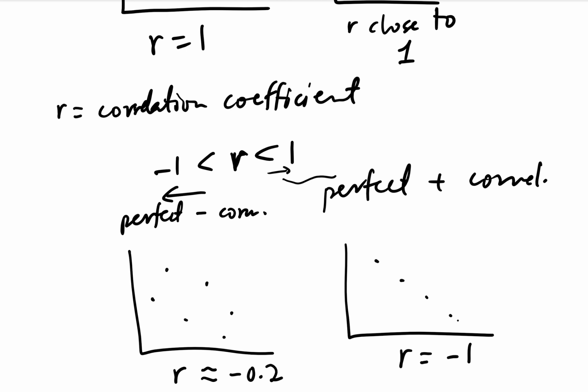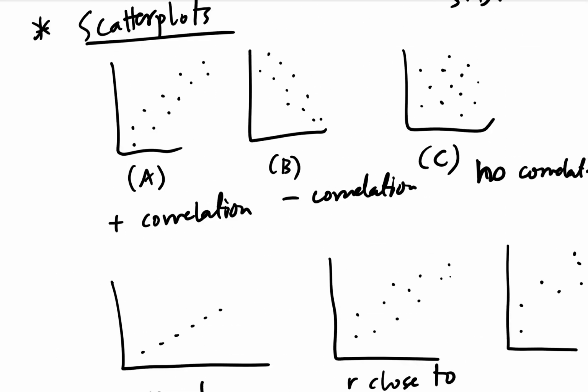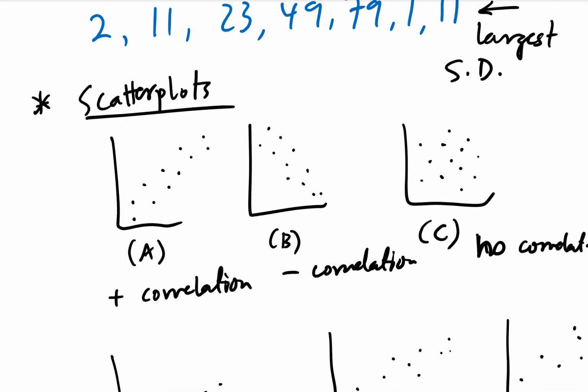That's about positive and negative correlations. If I scroll back up to this one, in this case R would be 0.